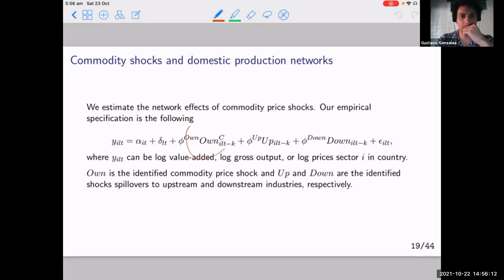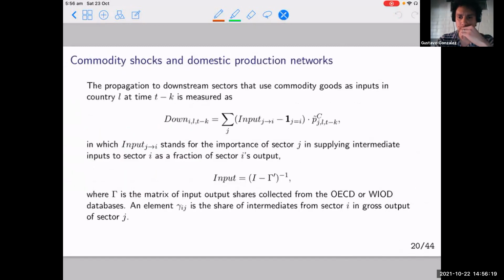So this is the commodity price shock, and this is going to be the upstream propagation of the shock and the downstream propagation of the shock, which I briefly explain here. We use the input-output connections embedded in the network graph that I showed you before, and this measures the importance of sectors as users of intermediate inputs in the Leontief inverse network, which details how you're connected to commodities when you use them as intermediates.